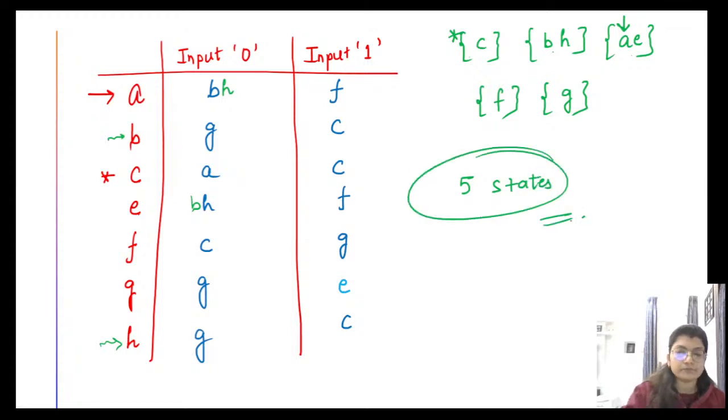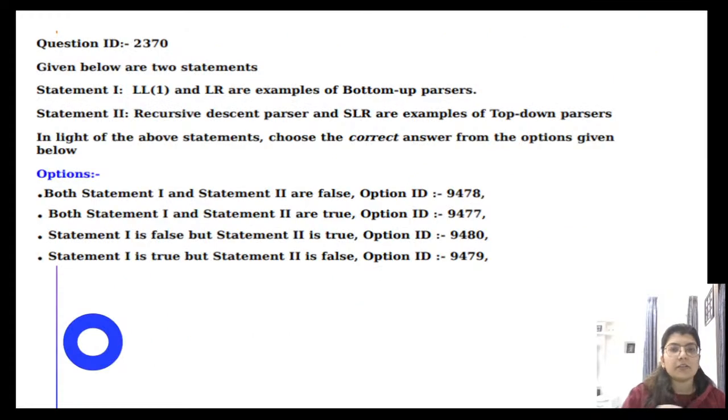Next question. Okay, so this is also something we have discussed. Given below are two statements. LL1 and LR are examples of bottom-up parsers. Recursive descent parser and SLR are examples of top-down parsers. So which one is the correct answer?